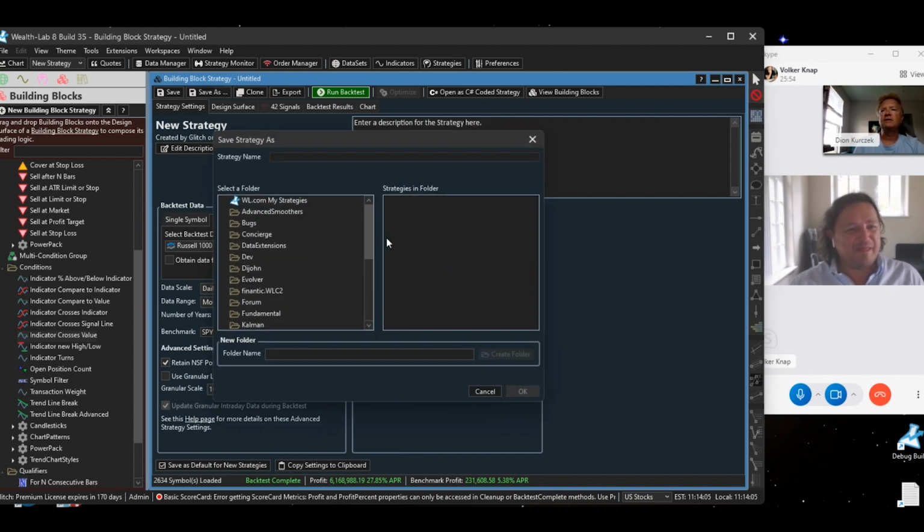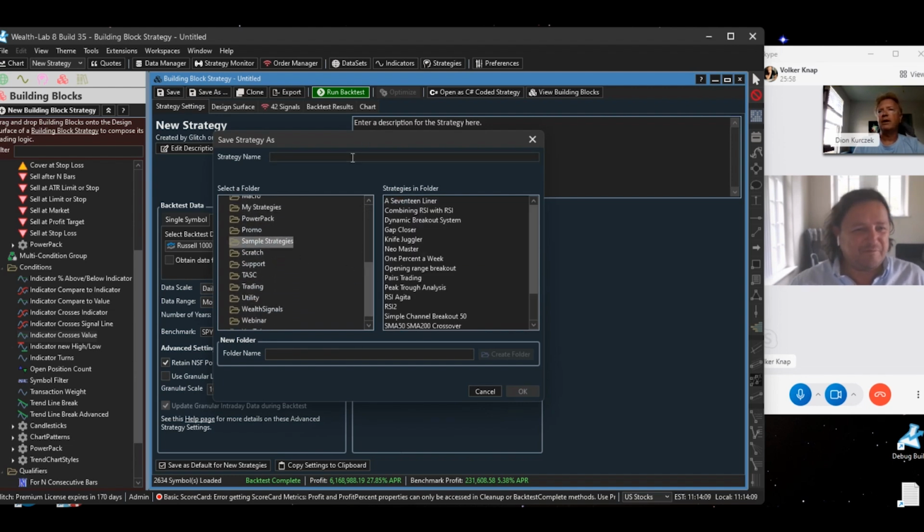Let us save this under sample strategies, and let's call it Rayner BB Low. Let's give credit to the person who created the strategy.